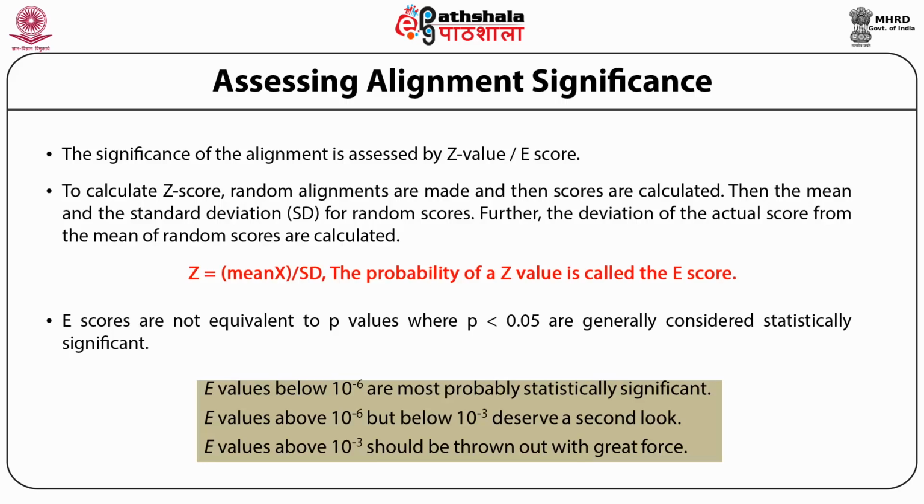If the E value is above 10 to the power minus 6 but below 10 to the power minus 3, then it deserves a second look. That means the alignment needs to be looked into, where you need to change some values or increase the gap penalty, then realign. If the E value is above 10 to the power minus 3, then it should not be considered, it should be thrown out with great force.